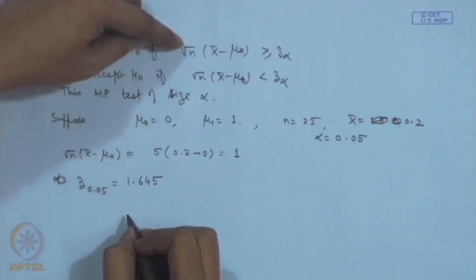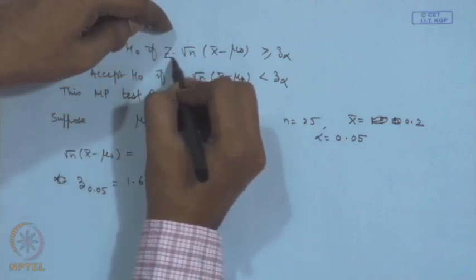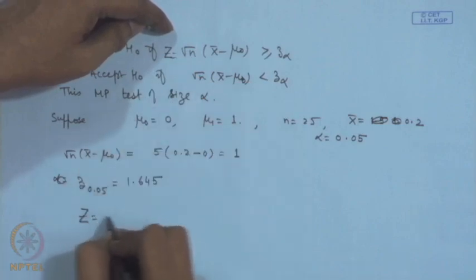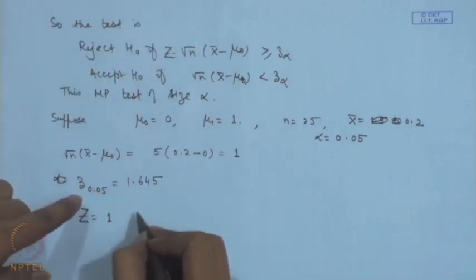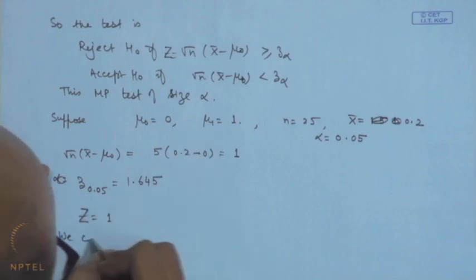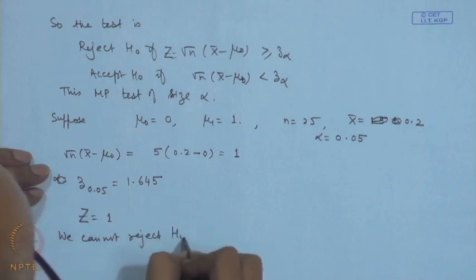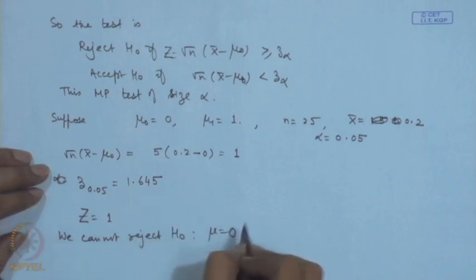So, let me call this value z, we are getting z as 1 and z alpha value is 1.645. So, we cannot reject h naught, that is mu is equal to 0, if x bar is equal to 0.2.